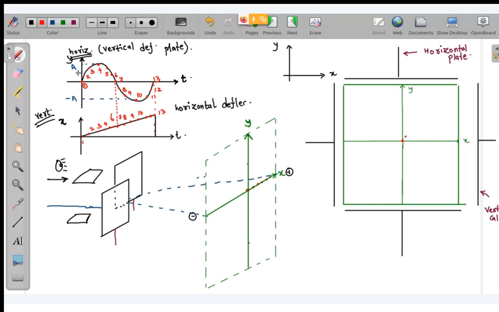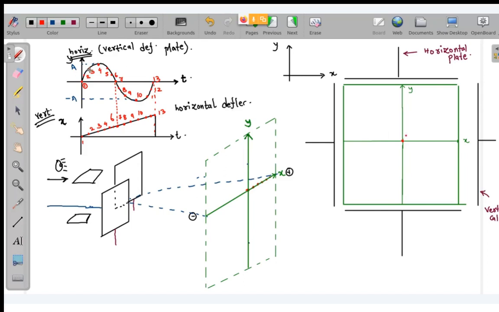Because if this signal was not present, the second electron would have struck over here. But if this was absent, the second electron would have struck over here. So it will be the resultant of these two, somewhere over here.